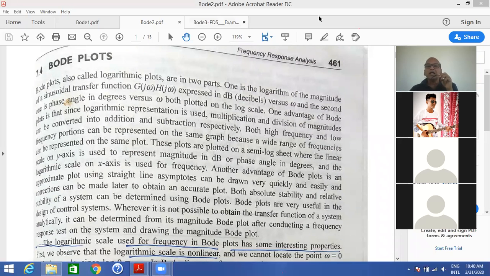If you consider the transfer function, that is 1 plus ST1 or this STA, divided by again 1 plus STB, or any other notations you can refer.